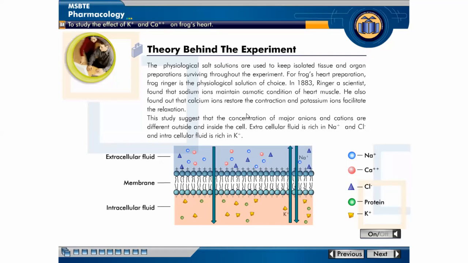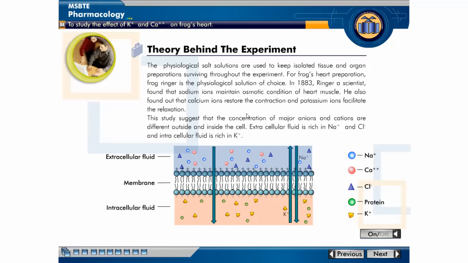And relaxation is the period that occurs as chamber fills with the blood, in which calcium ions restore the contraction. First you have to understand contraction, that is systole, and diastole is the relaxation, in which calcium ion shows the restore or facilitate contraction effect while potassium ion facilitates relaxation effect.